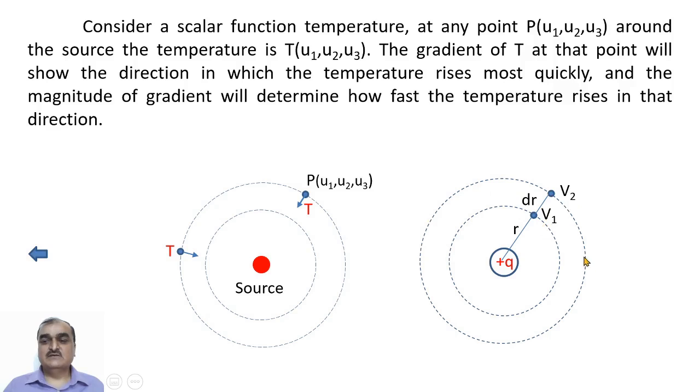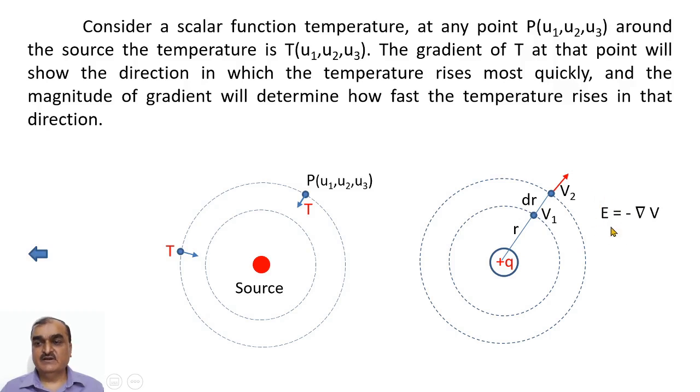Then draw another surface with radius r plus dr. Let the potential on this surface be v2. Then the difference of potential is v2 minus v1. This is the change in potential over the distance dr, and this is the direction of the electric field.